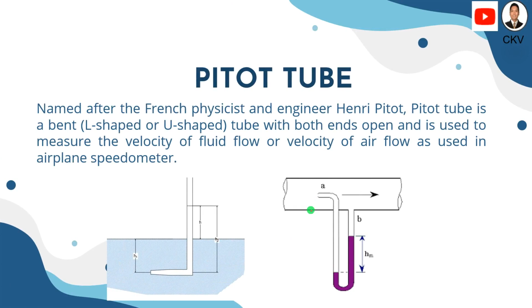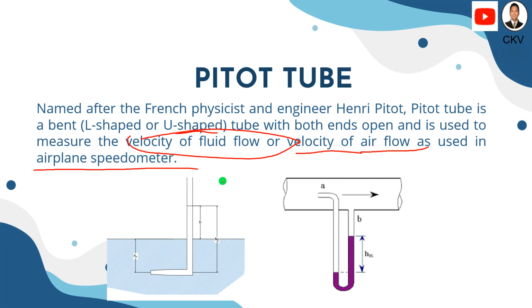Next, we have a pitot tube. So a pitot tube is a bent L-shaped or U-shaped tube with both ends open and is used to measure the velocity of fluid flow. It is also used in measuring the velocity of airflow, which is usually used in airplane speedometers. So this is a pitot tube.